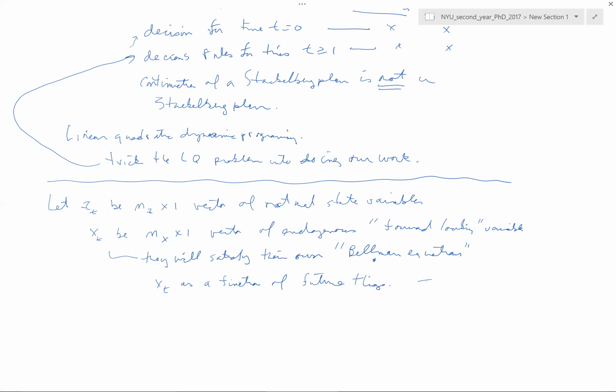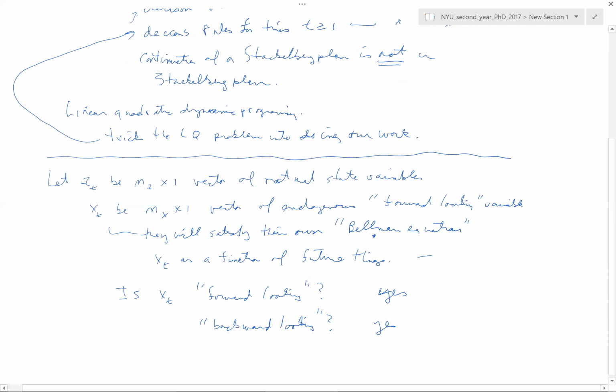So here's kind of a thing. This is old-fashioned MIT type language. Is x_t forward-looking? Or is x_t backward-looking? And one of the themes of this lecture is going to be yes and yes.